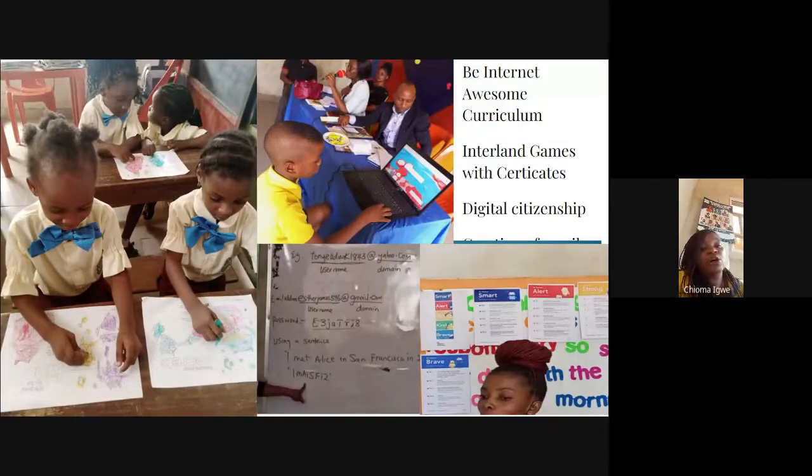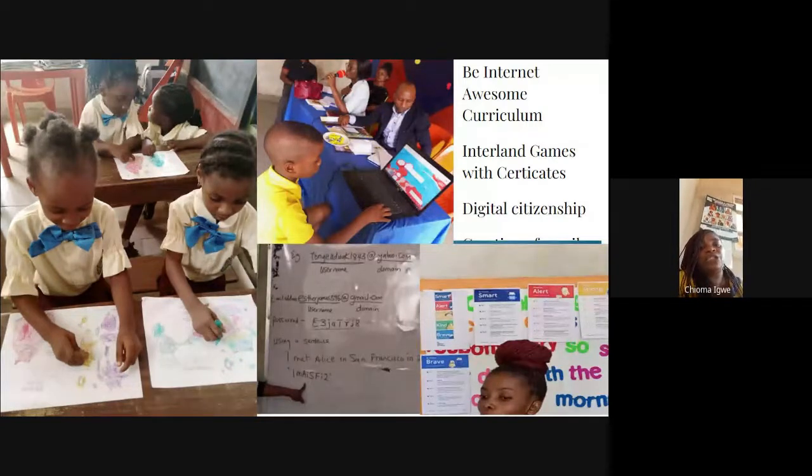We, first of all, went through the Internet Awesome curriculum, and it's an amazing curriculum, I must say. We haven't finished everything there, but we just keep moving so that we can be sure that we are grounded in any of the resource pack that comes in. We take our time to explore them together as a school, not just me, but I'm representing my school.